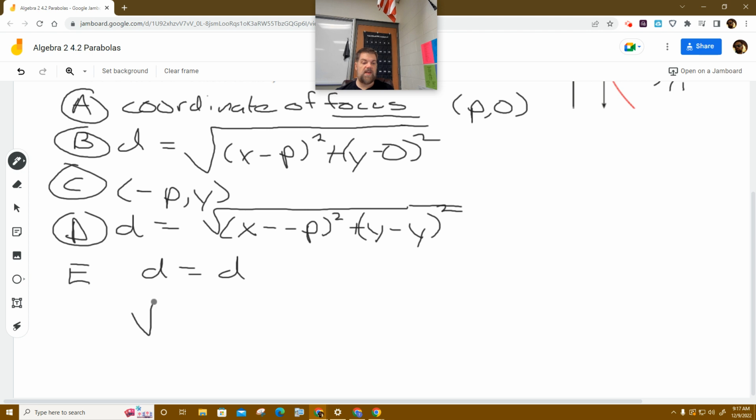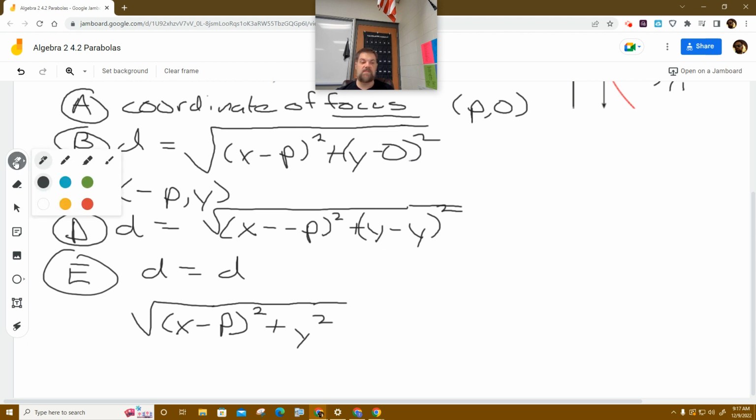In other words, my square root of x minus p plus y squared, right? I'm going to simplify it because y minus 0 is just y squared. I'm plugging this stuff in. That's the stuff here.